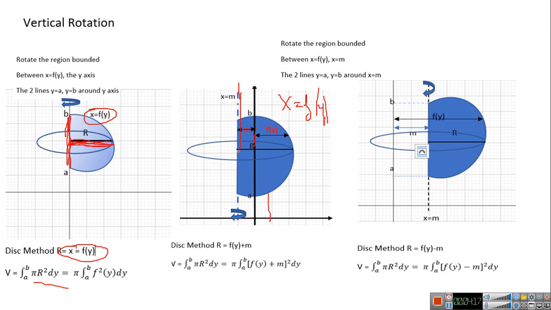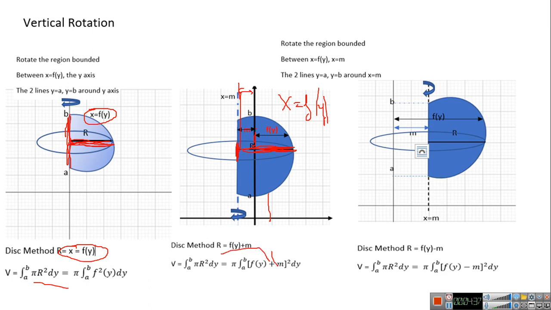So from here till here, from the y-axis, this is f of y, and from here till here you have m. So what will be the radius in that case? This is the radius from the axis of rotation, which is the boundary, till the other part. So it is nothing else than f of y plus m.